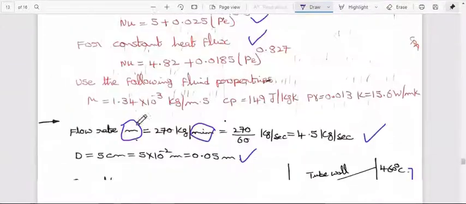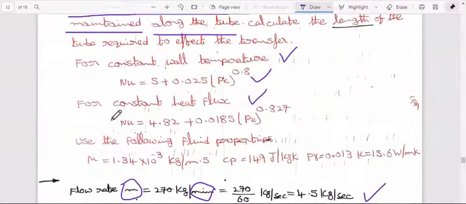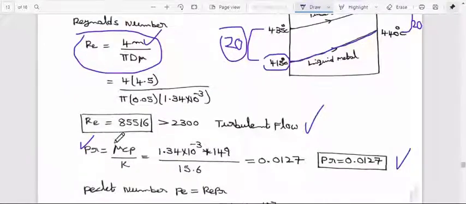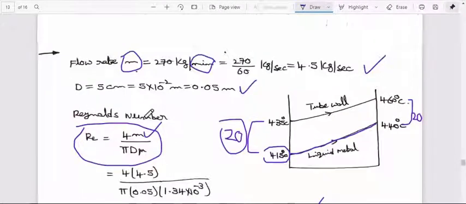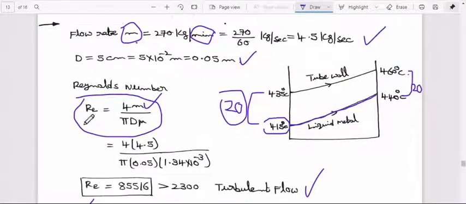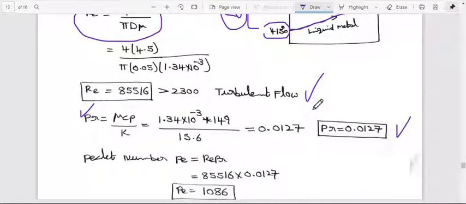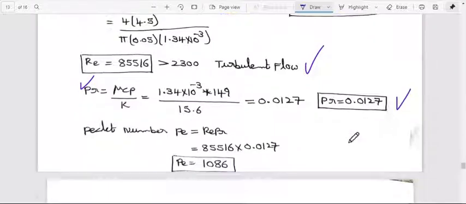This is a GATE examination based problem, as well as an Indian Engineering Service based problem. We have to remember this equation only: Re equals 4m by pi d mu. All values are given in the question. So this is turbulent flow, and the Pr value is calculated.